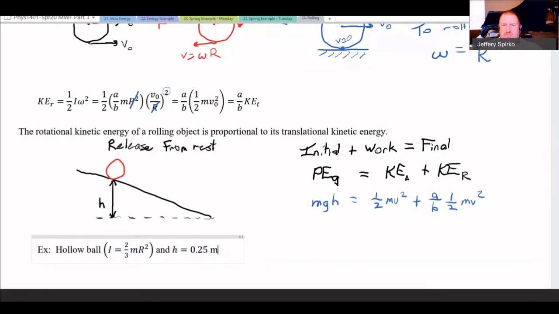And that's it. Well, let's do m equals 0.6 kilograms so that we have a specific mass.